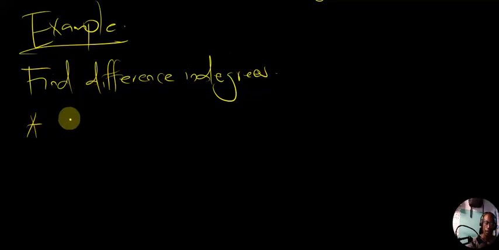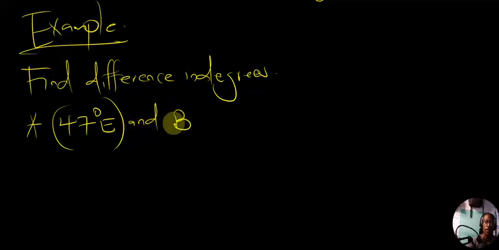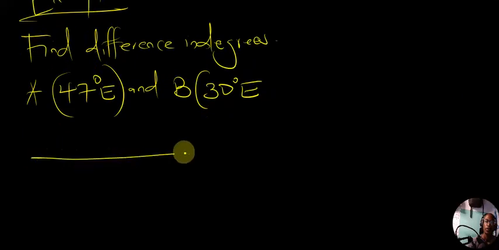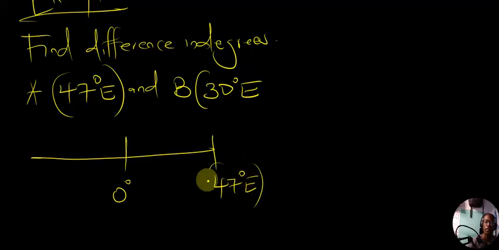We have town A, which is 47 degrees east, and town B, which is 30 degrees east. So to solve this, you notice this is 0 degrees, the Greenwich meridian. One town is 47 degrees east. Another town is 30 degrees east.